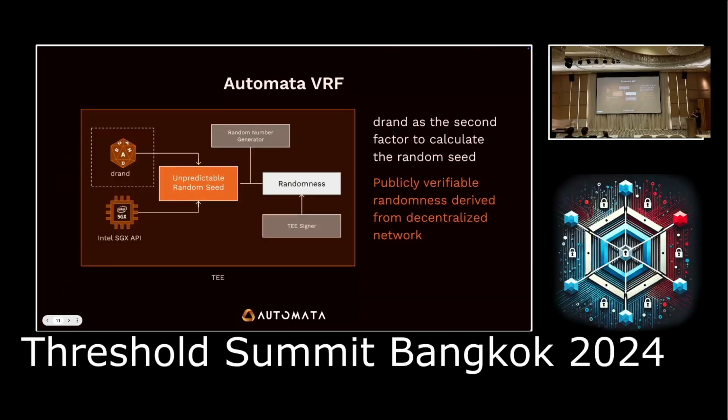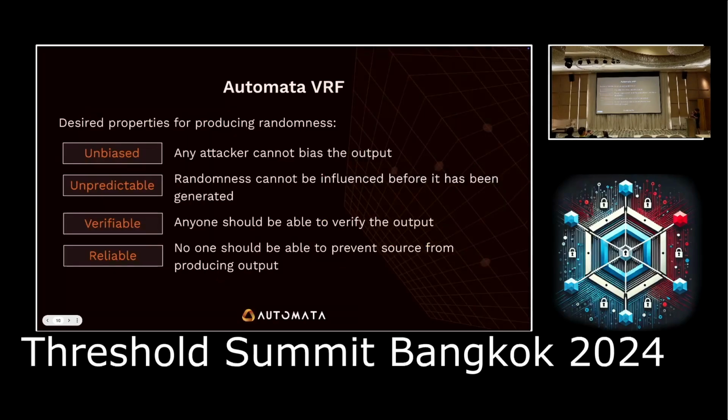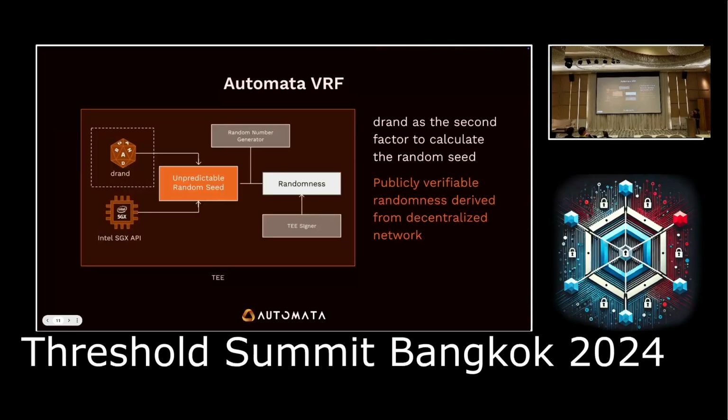As I mentioned, the Automata VRF is using DRAND and TEE to produce such unbiased, unpredictable, verifiable, and reliable randomness. We have two sources. The first one is DRAND. DRAND is one factor to calculate the random seed, which is publicly verifiable, and the randomness is derived from a decentralized network.